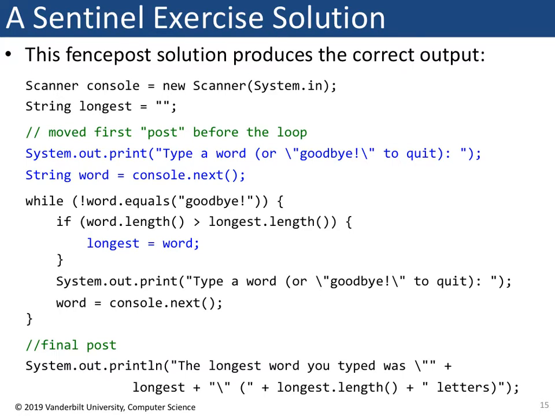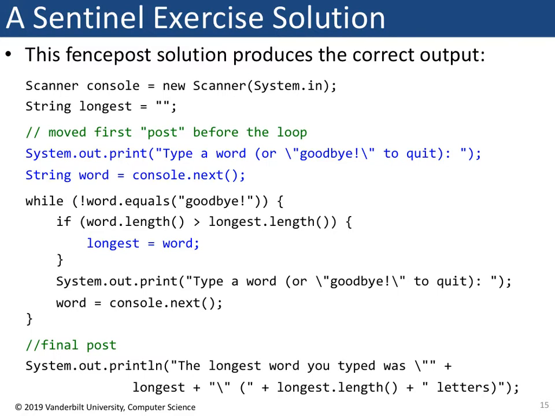Now, let's say the user only wanted to type in one word. Now they type in goodbye exclamation mark when this next prompt occurs. So word is now equal to goodbye exclamation mark. We reach the end of the loop, we jump back to the test, and word dot equals goodbye exclamation mark is true.